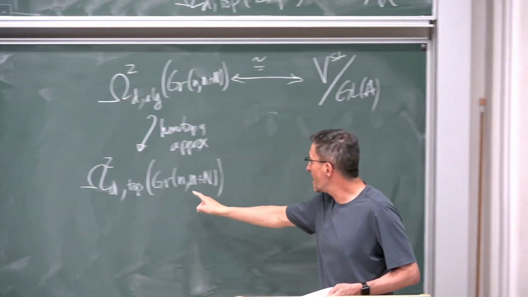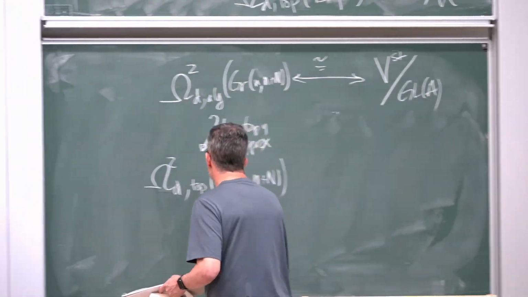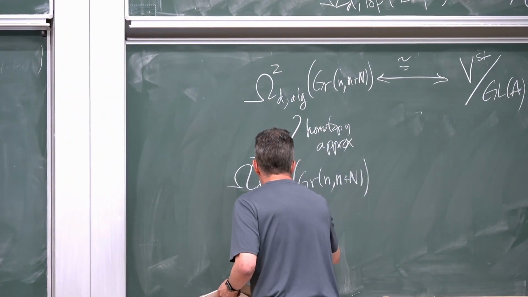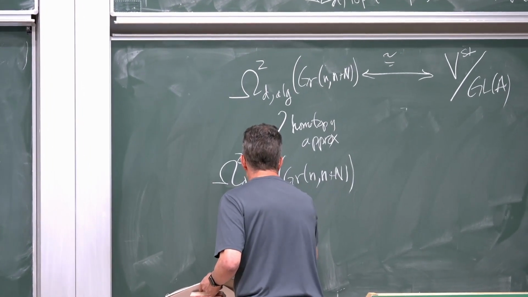And as we discussed, as the capital N gets large, this is a better and better homotopy approximation.